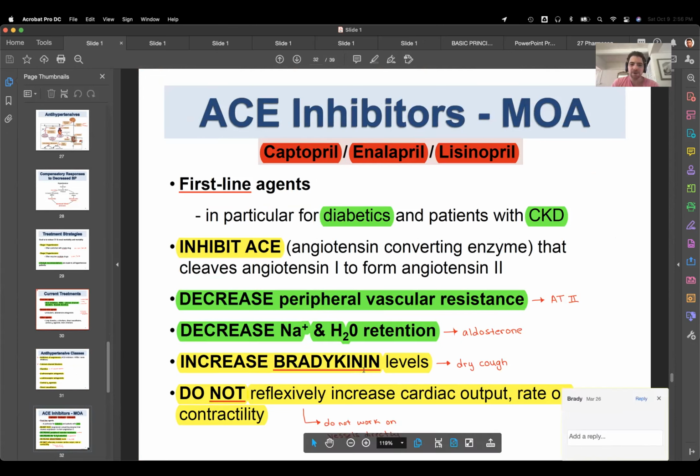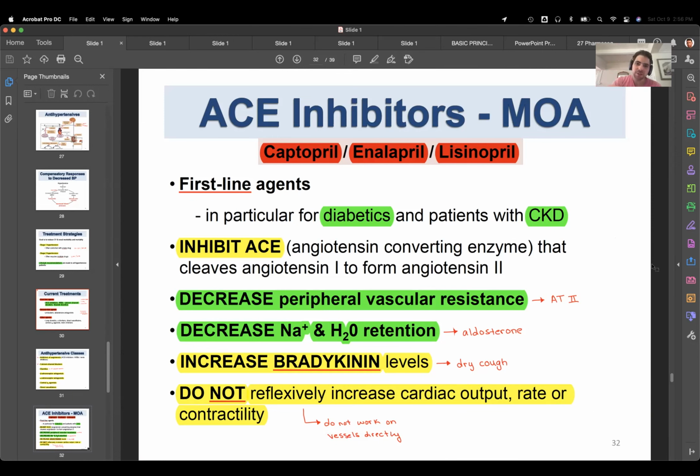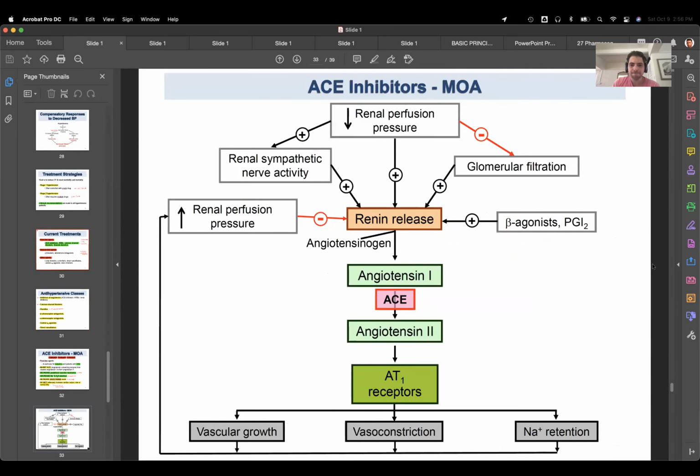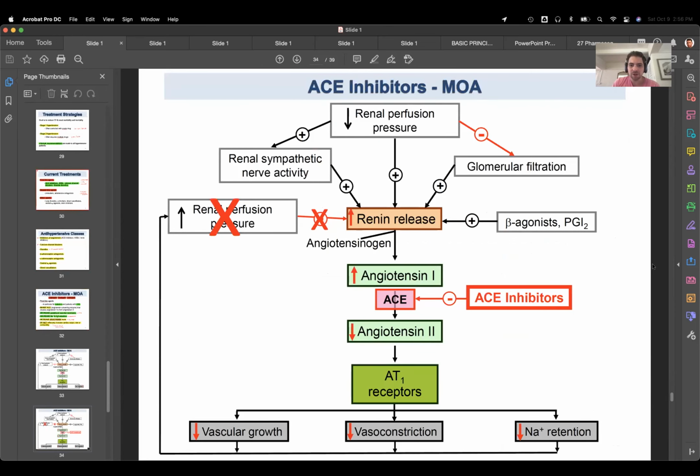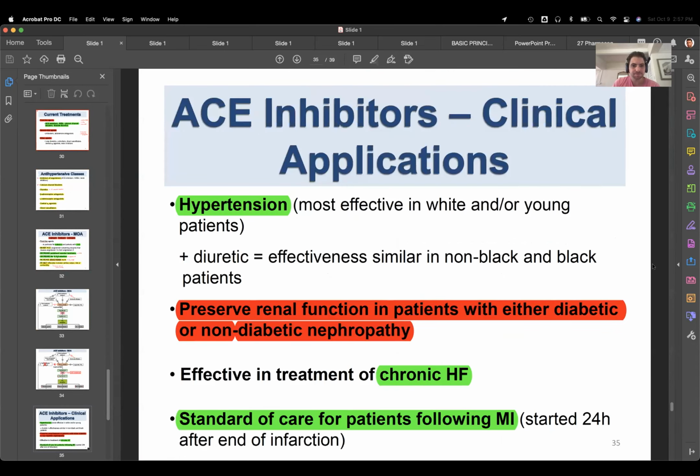Big thing with ACE inhibitors, they increase bradykinin. Bradykinin will cause a dry cough. It'll also cause angioedema. So if that happens, you just switch the patient. If the patient comes in with a dry cough, you switch them from an ACE inhibitor to an ARB. No big deal. You all know now how aldosterone works through this process.